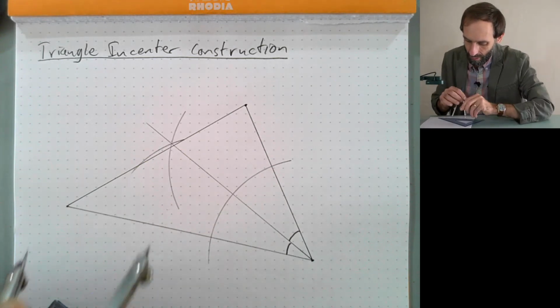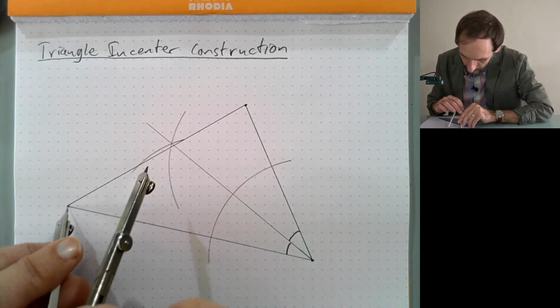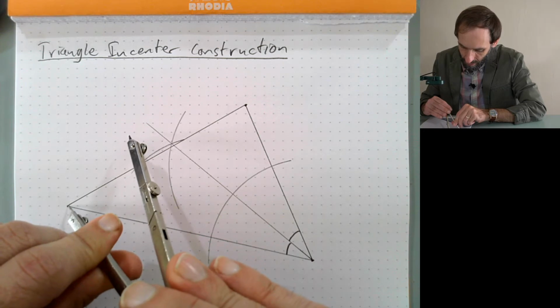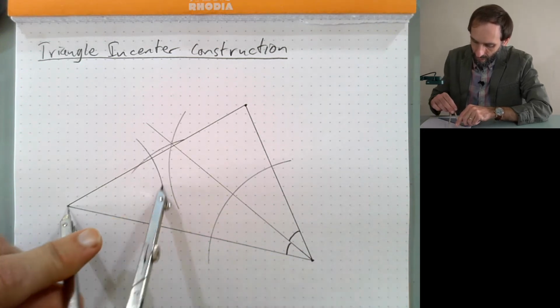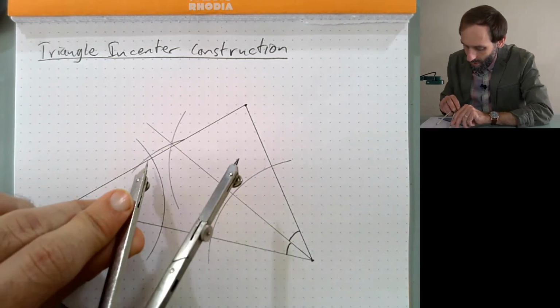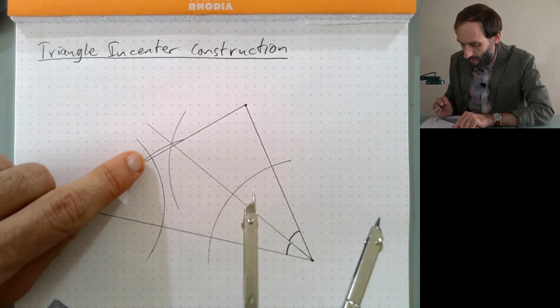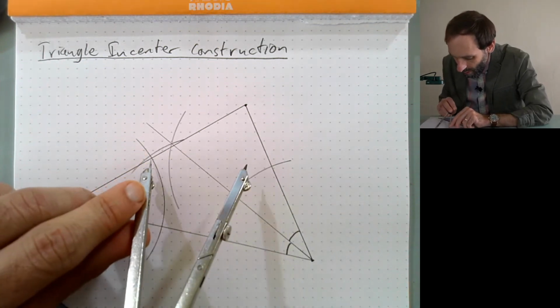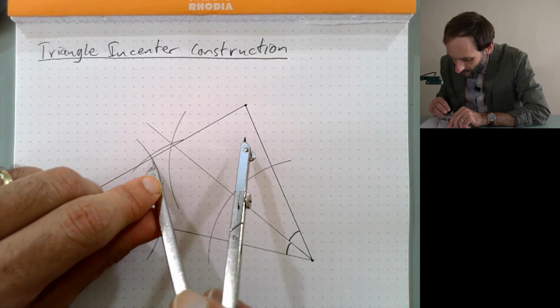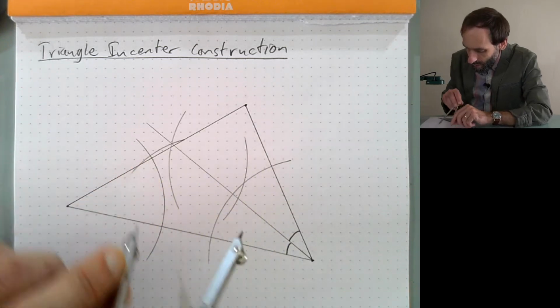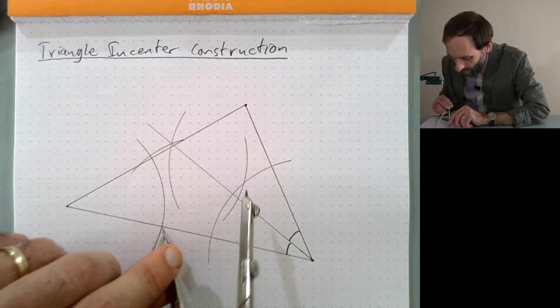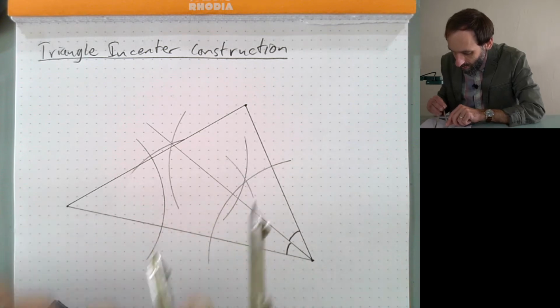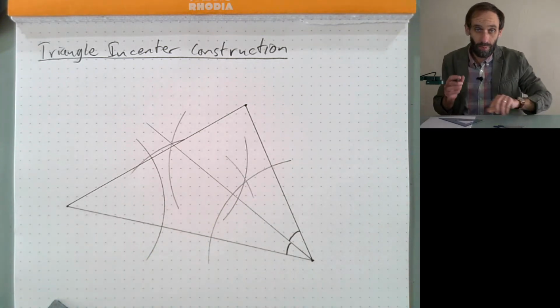Now let's bisect the other 2 angles. So as I did in the last one, I'm going to start by drawing an arc across, and then from the 2 points where the arc intersects with these 2 lines, I draw 2 more arcs. So there's one, and there's the other. Now it's important to keep your arcs straight.